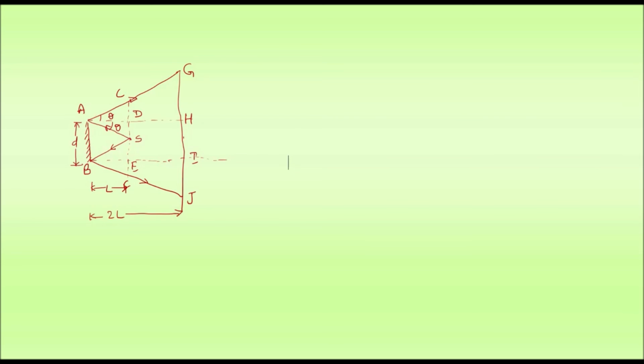So the ray diagram is shown here. If you see from this figure, then HI is equal to AB and it is equal to d. Now if you see this triangle AGH, this angle is theta, and from there we can write tan theta is equal to GH divided by AH.